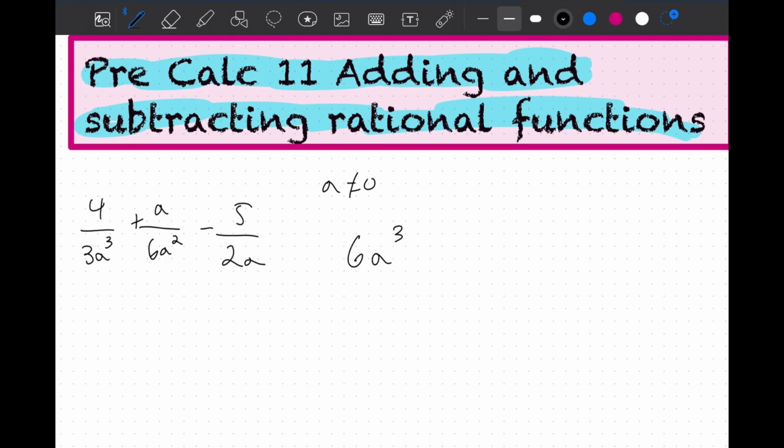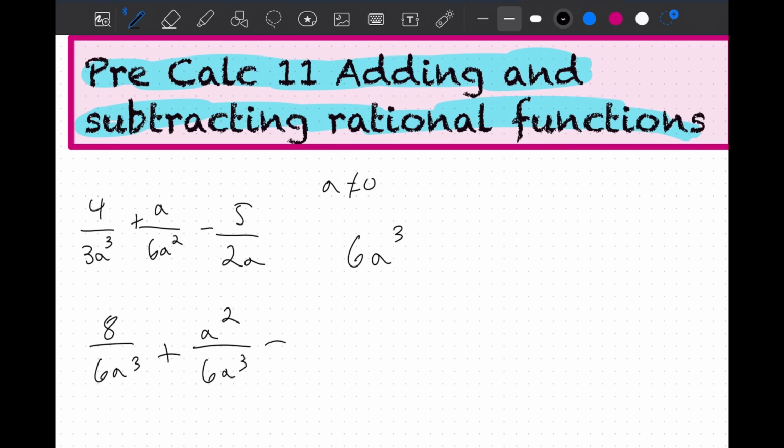So in order to make that happen, I would need to multiply the first one by 2 over 2. So it would be 8 over 6a to the 3 plus a squared for the second one, because that's already 6a to the 2, but we need a 6a to the 3.